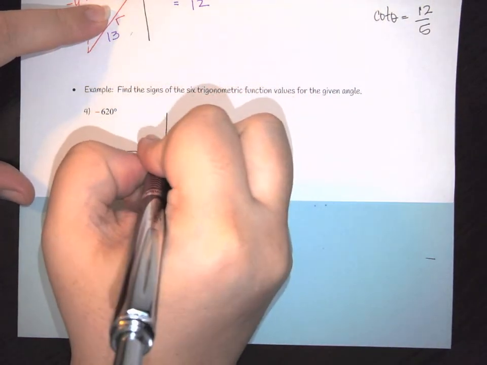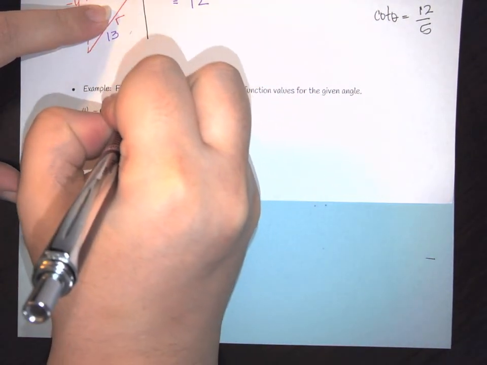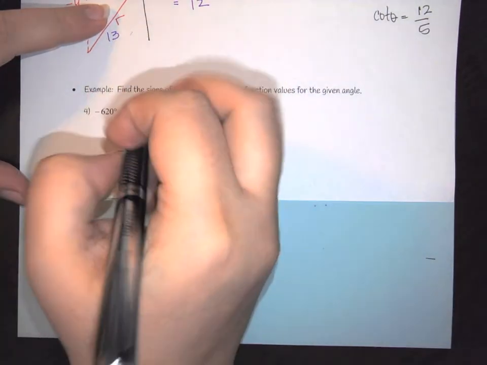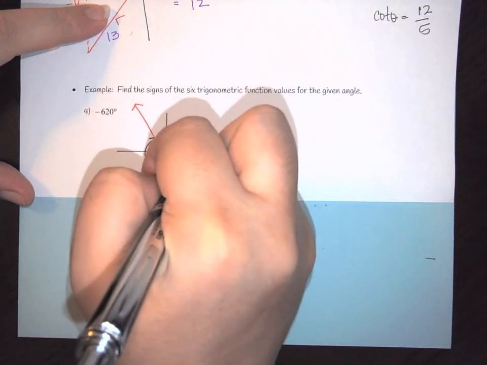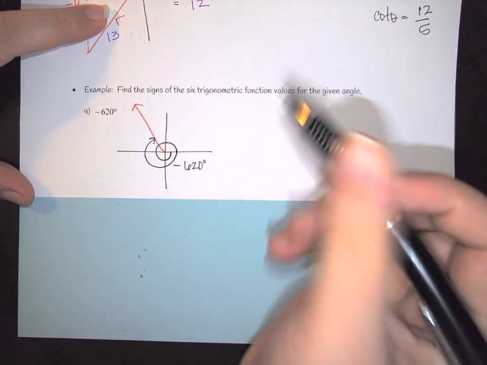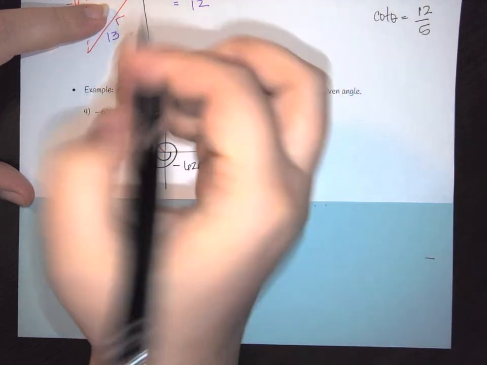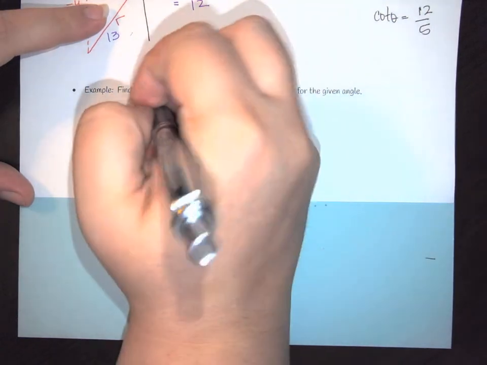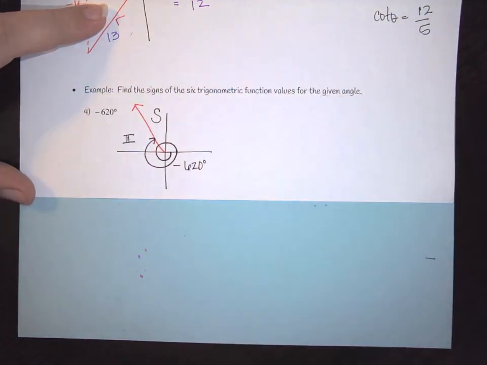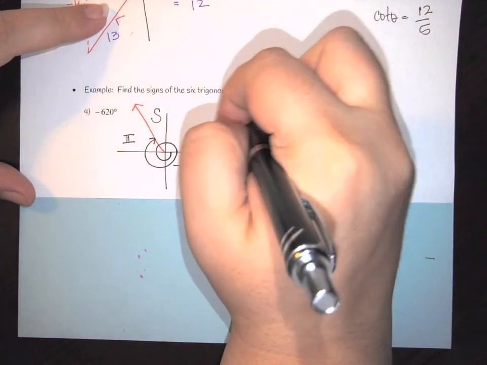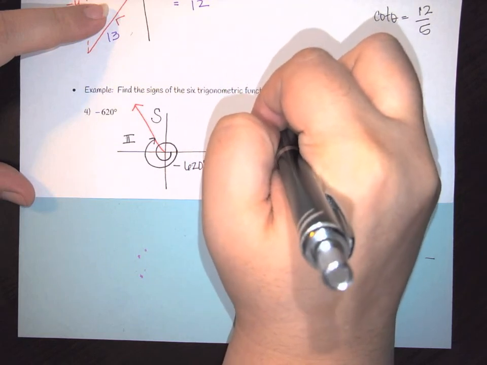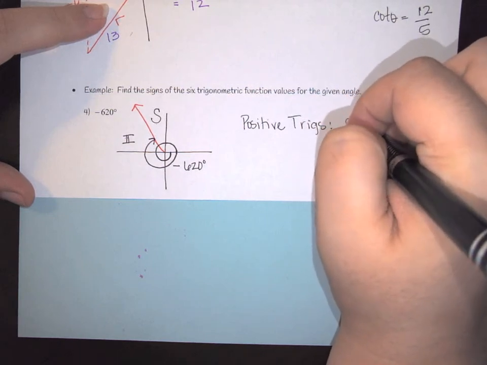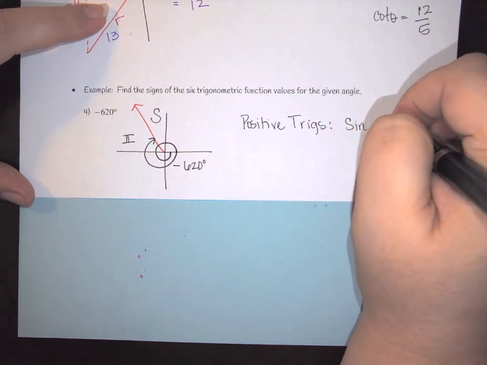And so this would be your angle. Doing this means you're going to have your negative 620 degrees. And if you look, notice we are in quadrant 2. So all students, we are talking about your S. In terms of positive, we are looking at sine and cosecant.